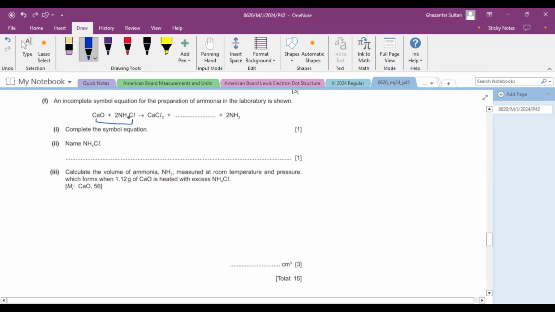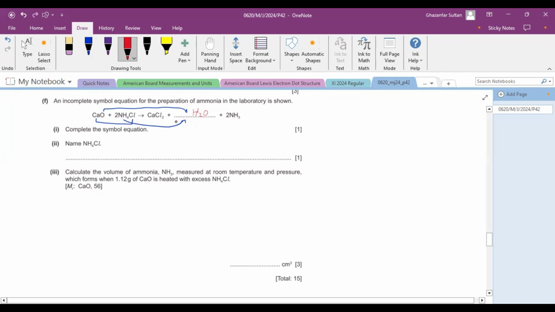And then 2 moles of ammonia means only 2 hydrogens are fewer. So definitely oxygen from here and hydrogen from here combine to form water. So there should be one water molecule. And now you can see this equation is completely balanced.